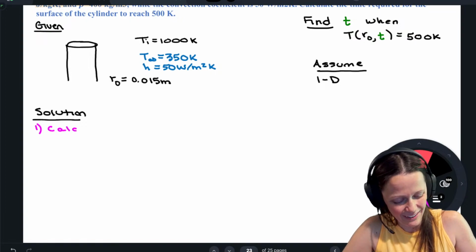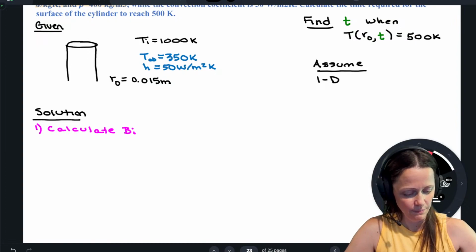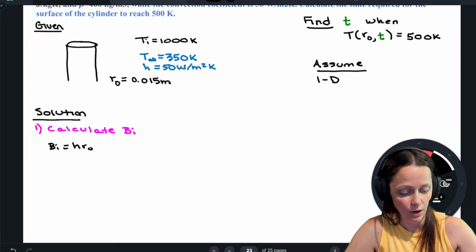All right, so we're going to calculate our Biot number. Perfect. So it's h r naught over k.